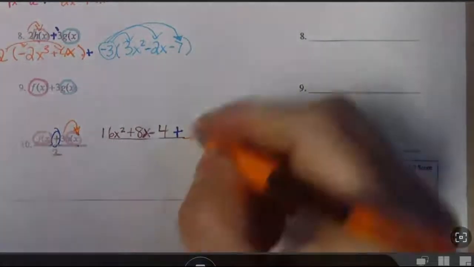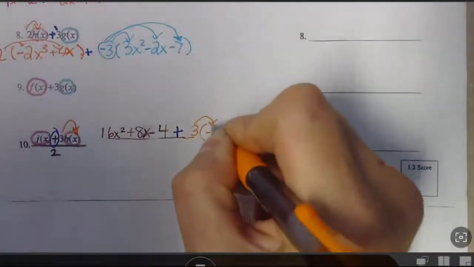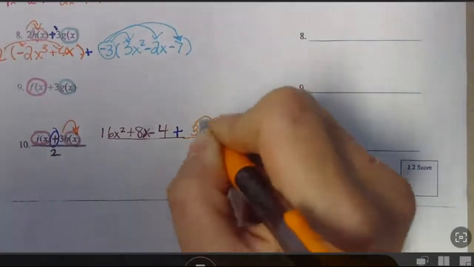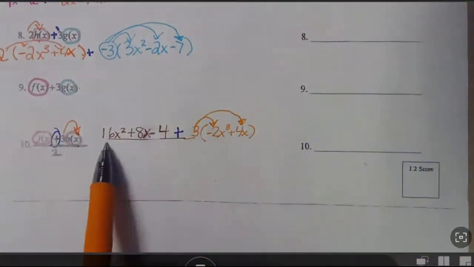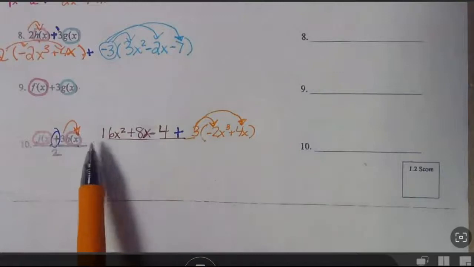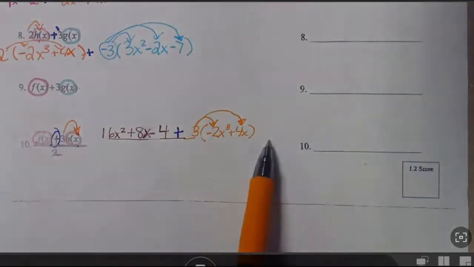Before you can combine like terms, you do have to distribute. So this positive 3 times, and then once you distribute, you'll have new terms, and then you're going to combine those like terms.